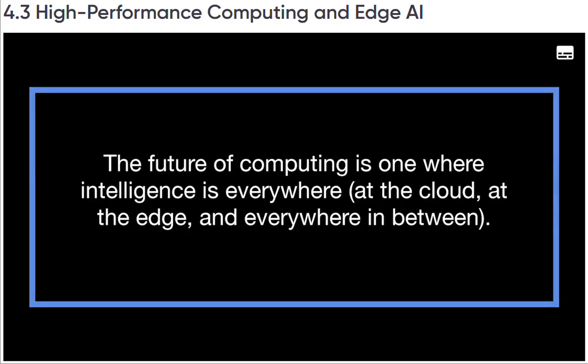And of course, I dedicated my whole life to cybersecurity, so I have to always keep cybersecurity and security of these systems in mind. But the future of computing is one where intelligence will be everywhere, whether it's in the cloud, at the edge, in your car, in your IoT systems, or probably very soon in a robot in your house, helping you with some of the mundane tasks, and perhaps listening to other courses like this one while a robot is actually performing the boring elements of cleaning and a lot of chores around the house.